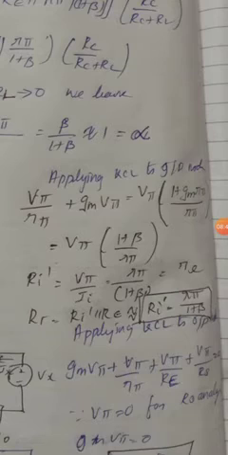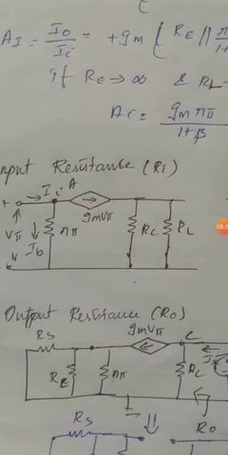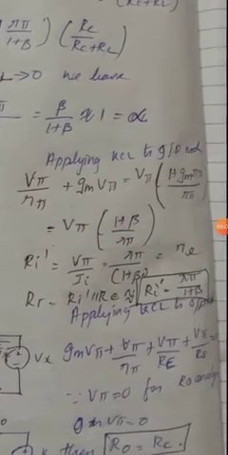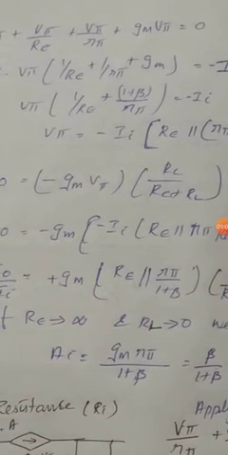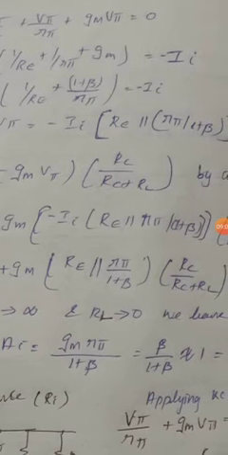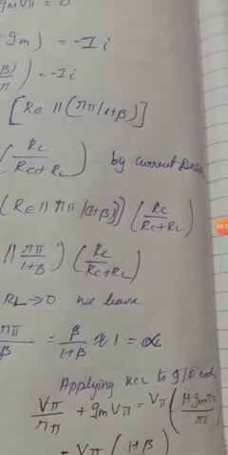So we can write V pi by R pi plus GM V pi equal to V pi into 1 plus GM R pi divided by R pi. So II can be written as V pi divided by RE parallel with R pi, plus 1 R pi divided by 1 plus beta, that is written here.